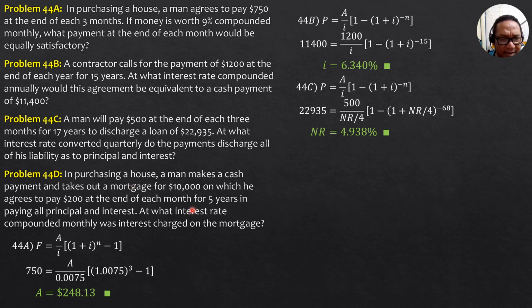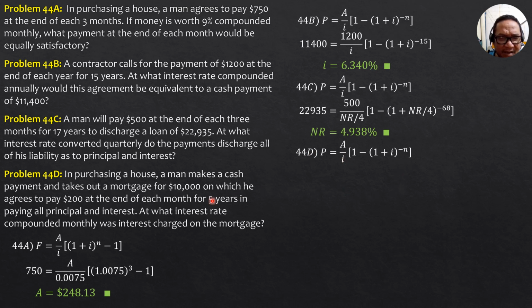So given P, and this is the monthly payment, $200 for 5 years. So interest is NR over 12, formula A over i, quantity 1 minus 1 plus i to the negative n.